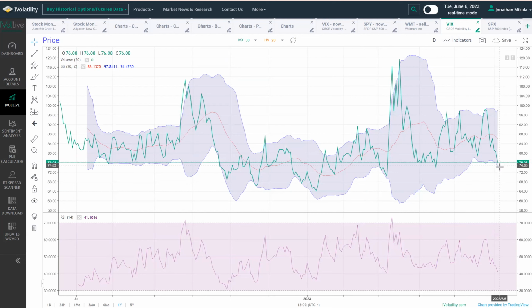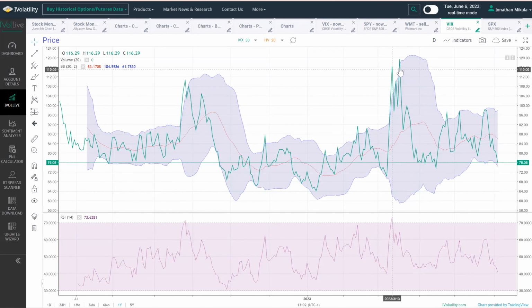As soon as this breaks below this lower Bollinger Band line, or breaks below this 40 or 30 level on the RSI, this is going to tell me that the VIX is going to move higher. And when the VIX is moving higher, then the market will be going lower, all else being equal in general. So when you have IVolLive, you can use implied volatility for the VIX to know in advance when the VIX is going to change direction.